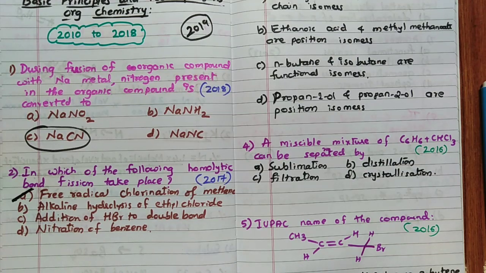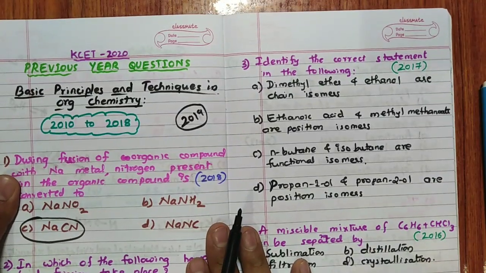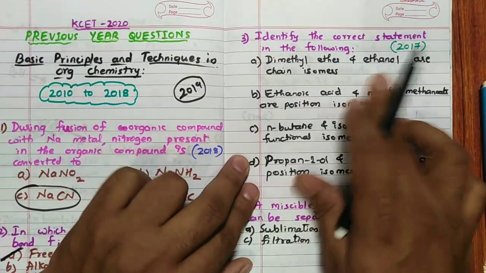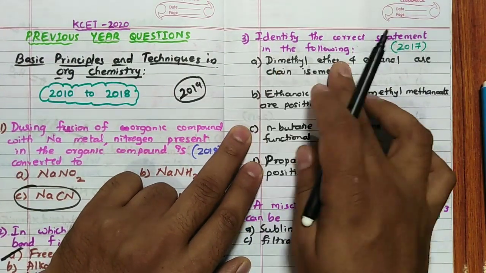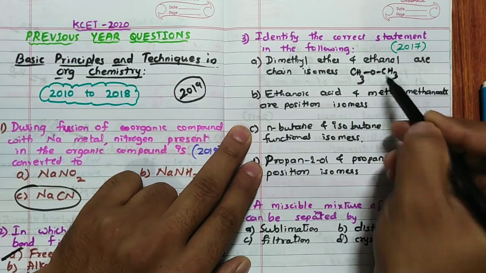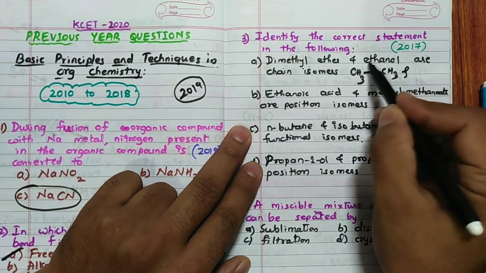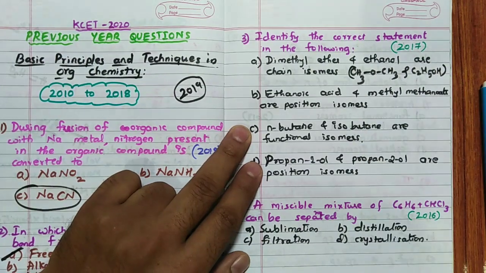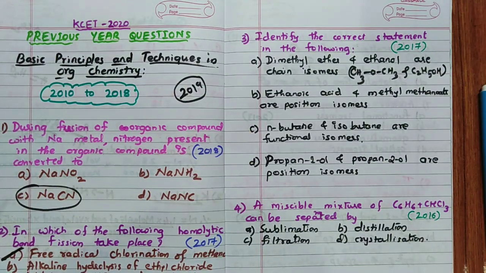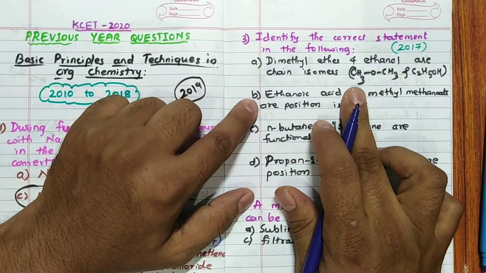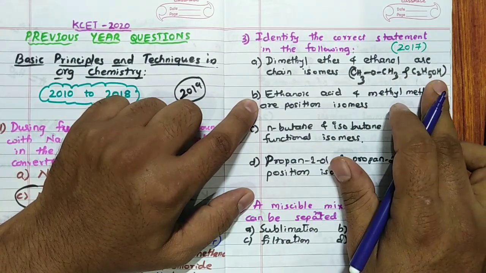Very simple, direct question. Identify the correct statement in the following. Dimethyl ether and ethanol are chain isomers? Dimethyl ether, that is CH3OCH3, and ethanol C2H5OH. What type of isomer is it? This comes under functional isomer, because the functional group is different.